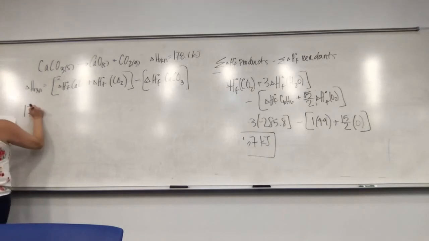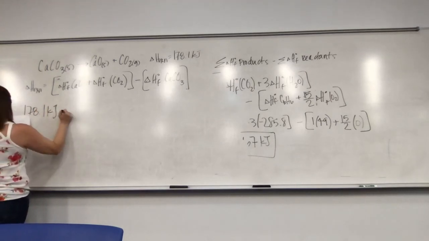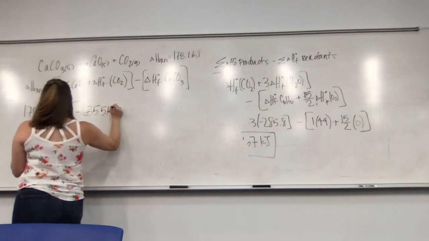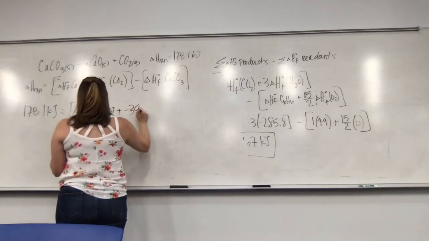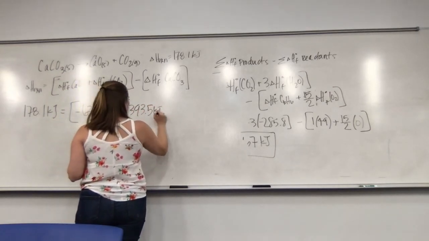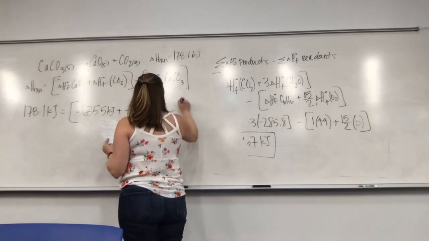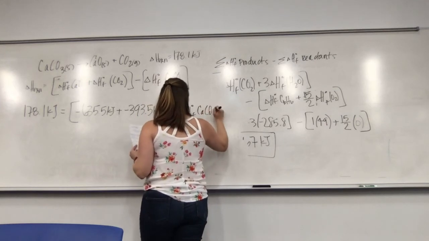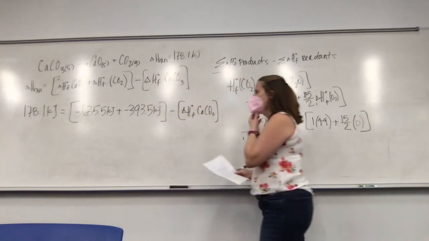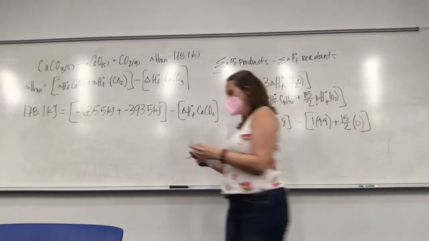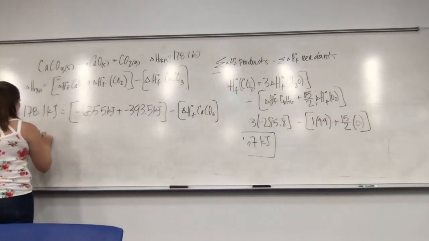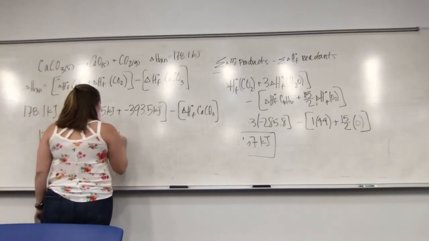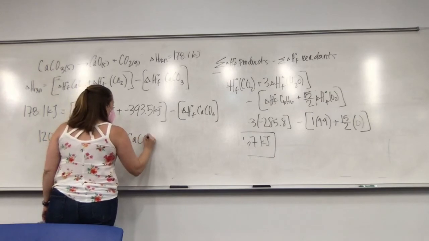So we have 178.1 kilojoules equals negative 635.5 kilojoules plus negative 393.5 kilojoules minus delta H naught F, calcium carbonate. When we start plugging this into our calculator, we end up with 1207.1 kilojoules equals negative delta H naught F, calcium carbonate.